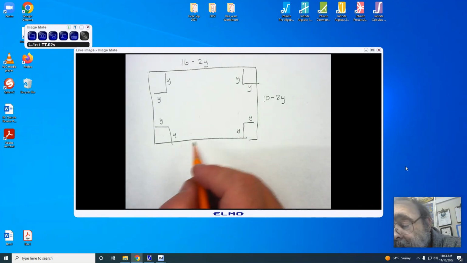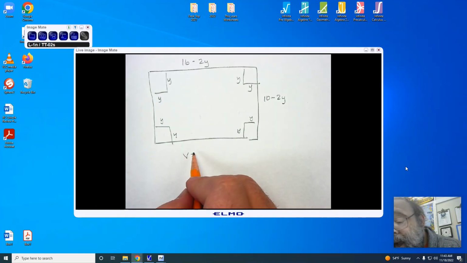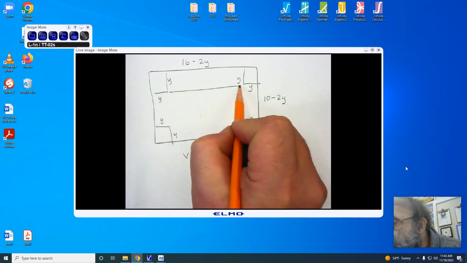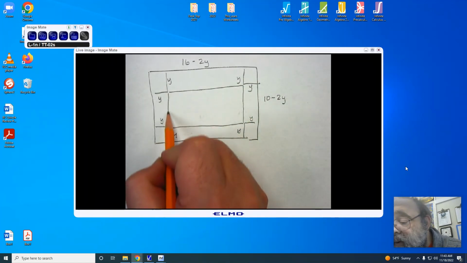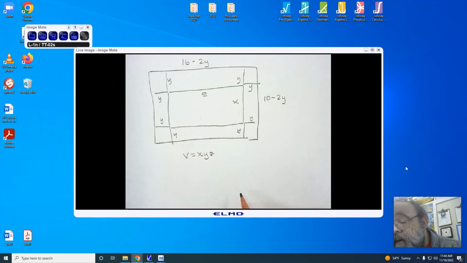So let's see, our volume is x times y times z. Now I'm going to put in my other dimensions. I'm going to call this z and this x.